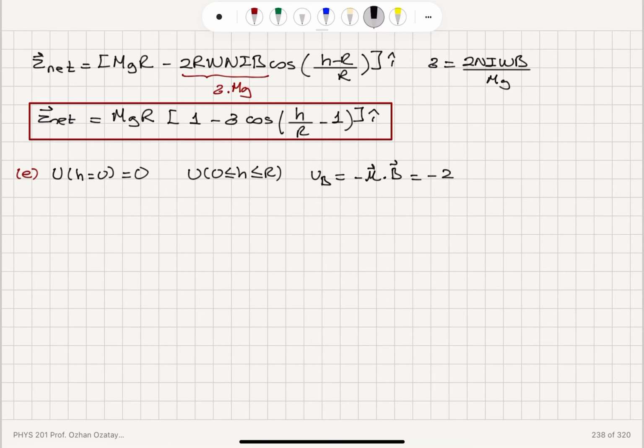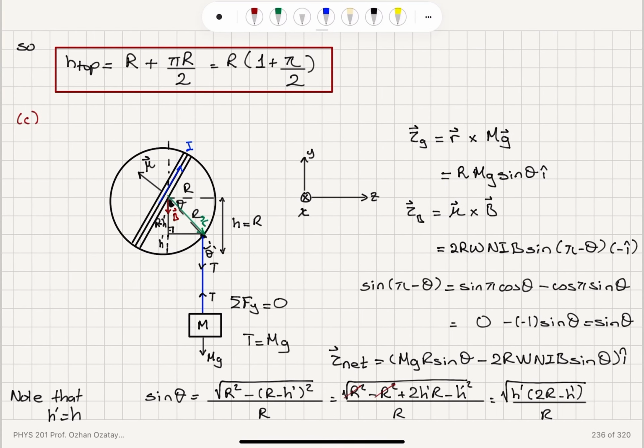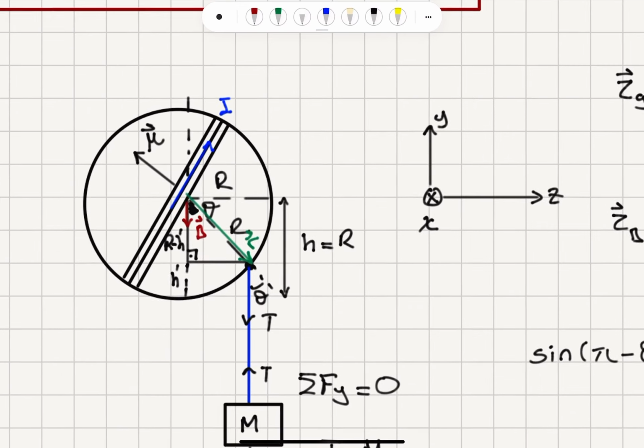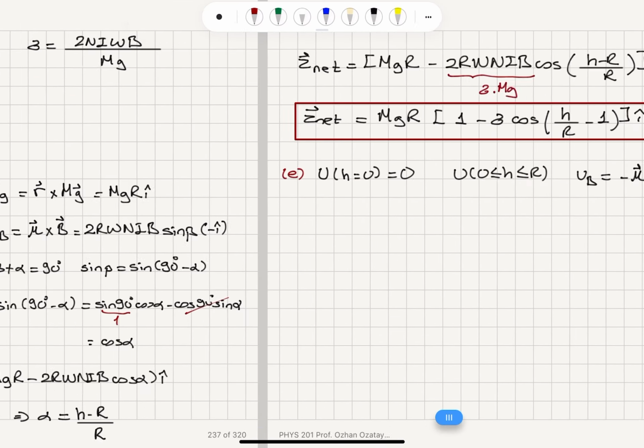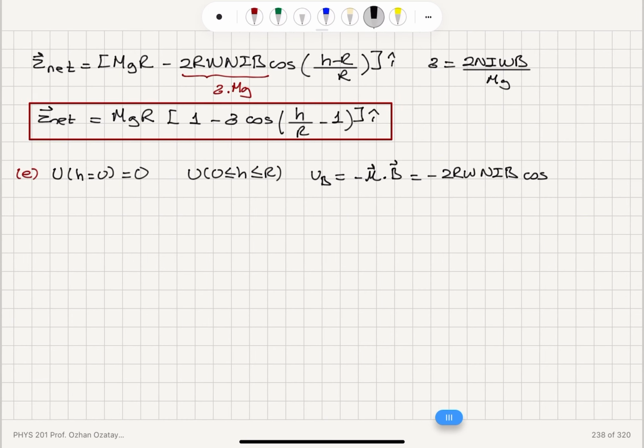That is minus 2RWNIB cosine of the angle between them. So this scenario is what we did in part C. The angle between mu and B in this case was pi minus theta. So it is cosine of pi minus theta.